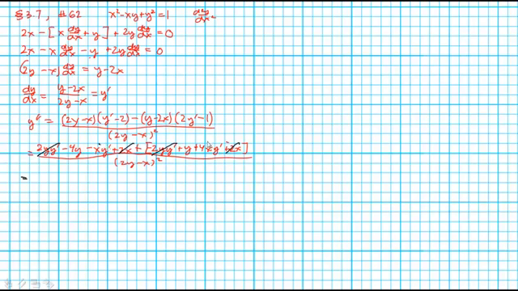Combining these two terms together, I get 3xy prime, and combining those two terms together, I get a negative 3y, and this is all over 2y minus x squared.